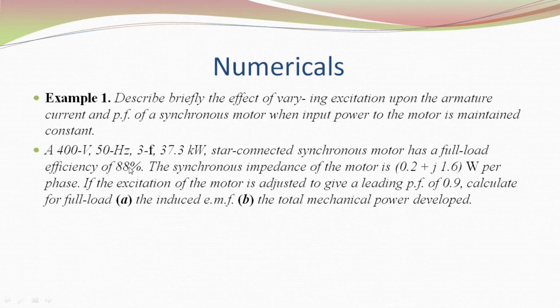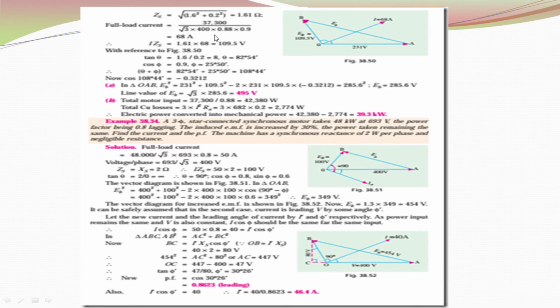Efficiency is 88%. Okay. So root 3 into voltage into efficiency into power factor is giving us the full load current value, that is 68 amps. I into Zs is equal to 1.61 into 68, that is 109.5 volts.